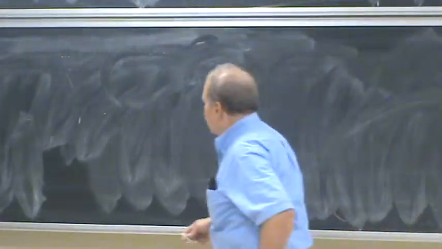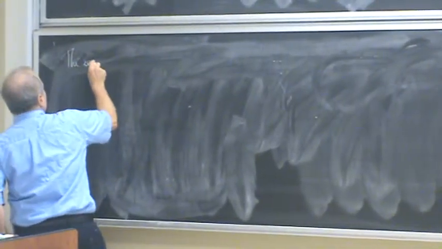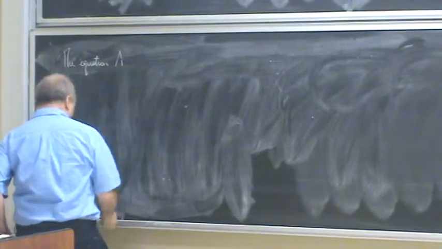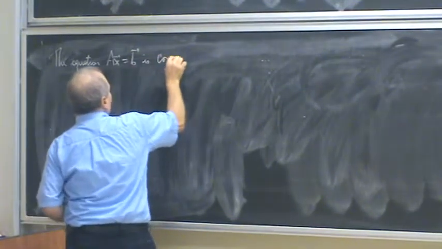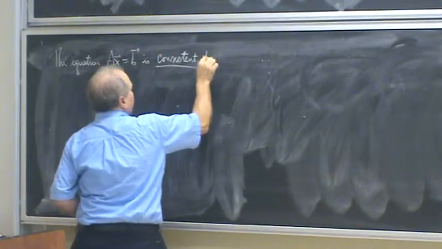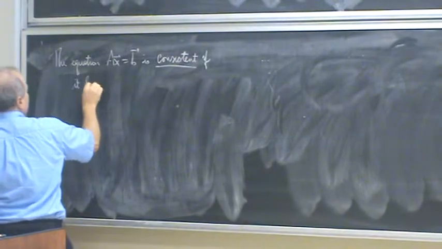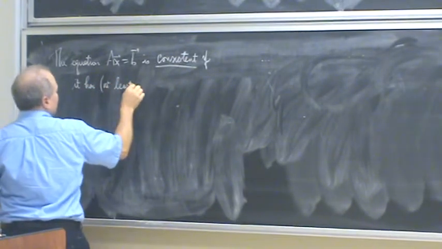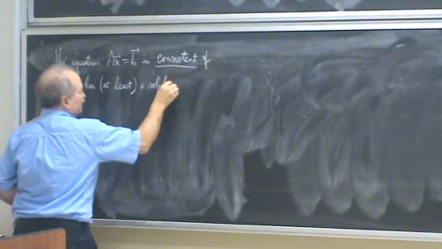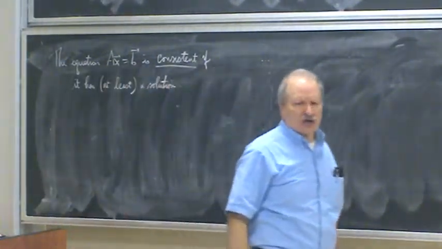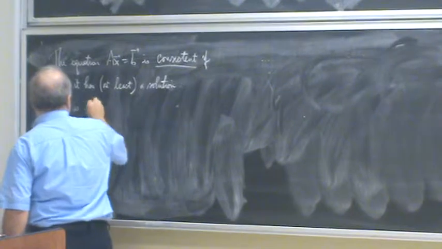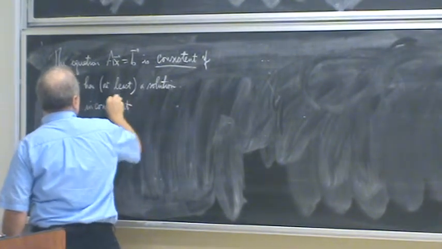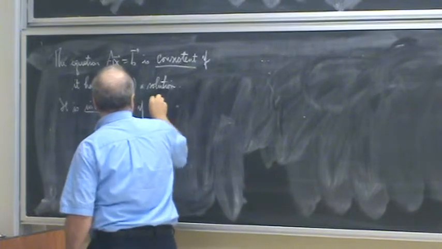So I did give you the vocabulary where we said the equation or the system of equations Ax = b is consistent if it has a solution, but we saw that it could happen that you would have no solutions. It's inconsistent if it has no solutions.